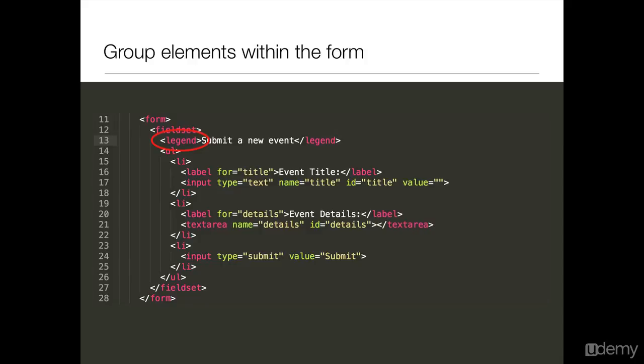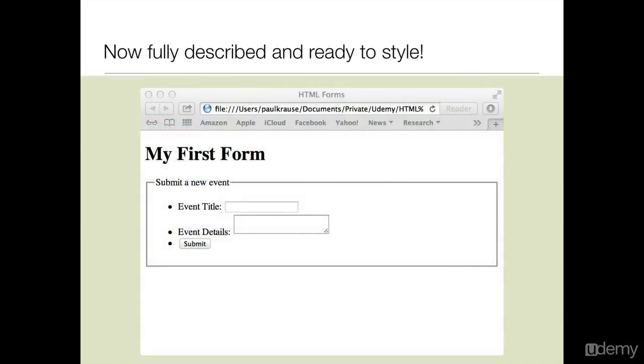Again, even without any CSS styling, most browsers will respect the definition of the field set and draw a box around the elements and include the legend tightly associated with the box as here.